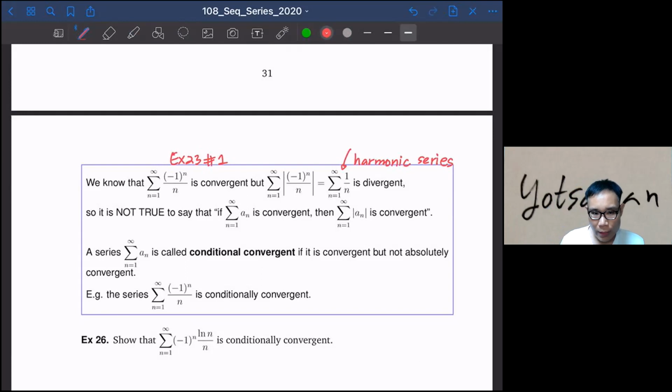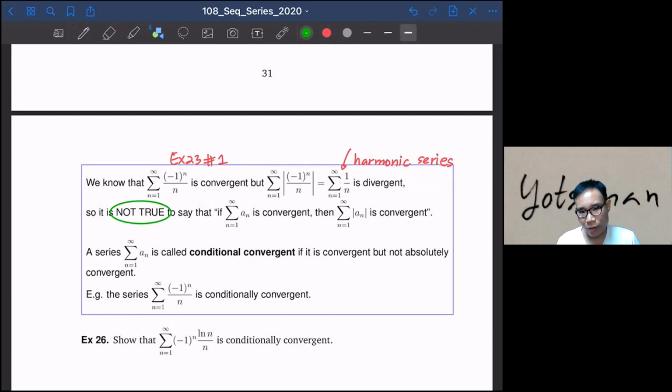So you see that it's not true to say, so I will circle not true, that if the series is convergent, the series of absolute value turns out to be also convergent.